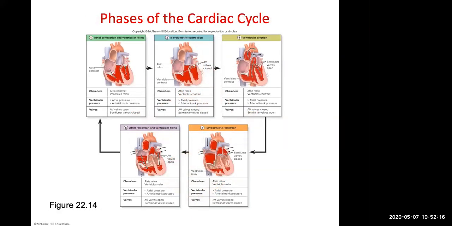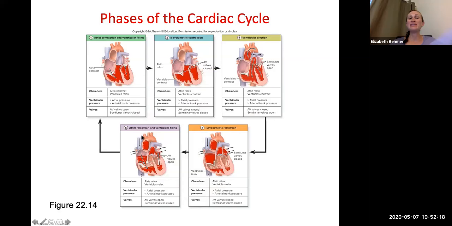There are 5 steps of the cardiac cycle. Simply put, it involves ventricular filling, and then contraction and ejection of blood from the ventricles, and then what we call isovolumetric relaxation, where your atria will fill with blood, and then the atria will relax, and the ventricles will fill up with blood again.